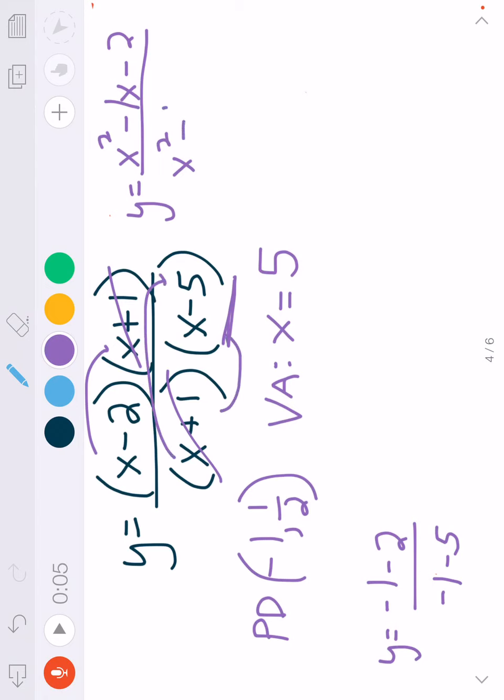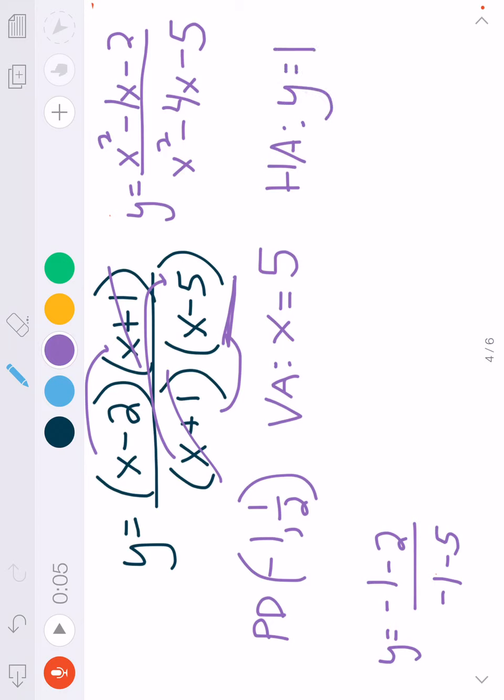That would give me a -4x minus 5. Okay, so in this case, the degree of the numerator is the same as the degree of the denominator, so I would divide those leading coefficients. 1 divided by 1 gives me 1, so my horizontal asymptote would be at y equals 1.